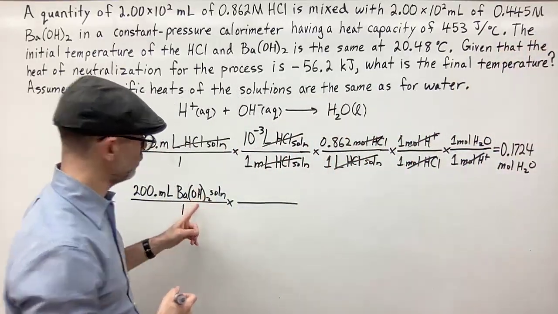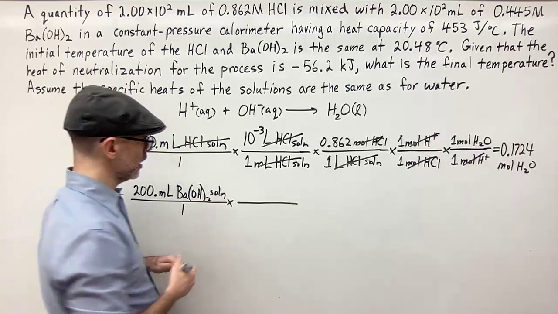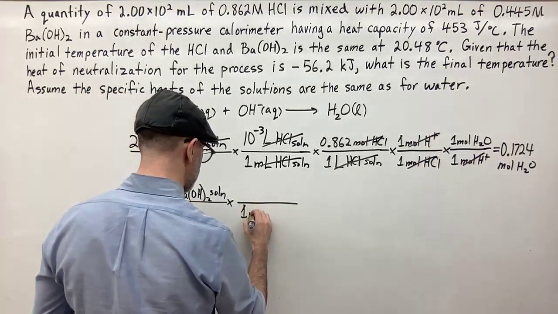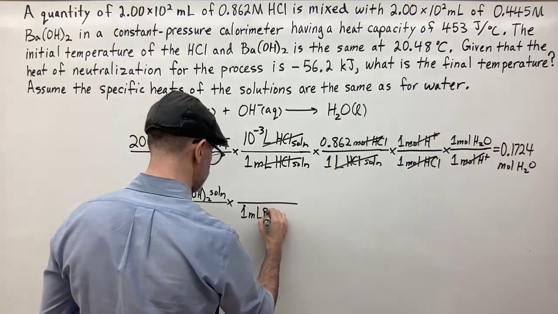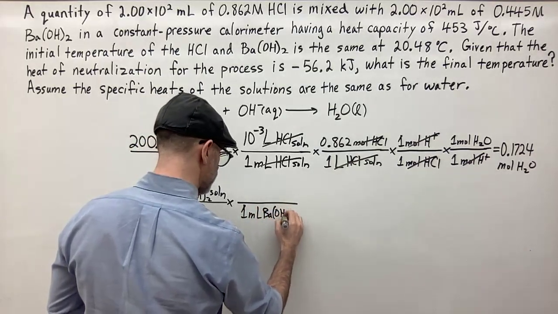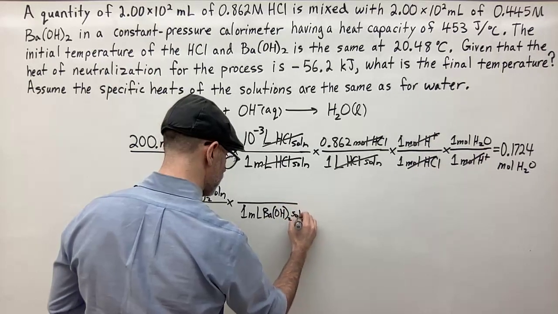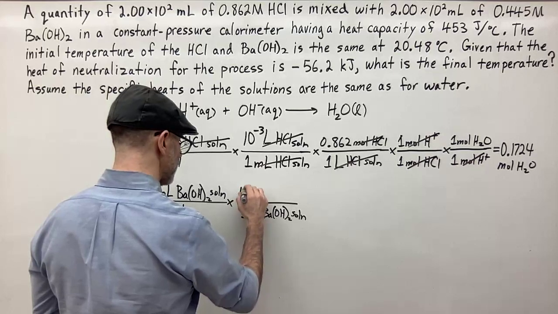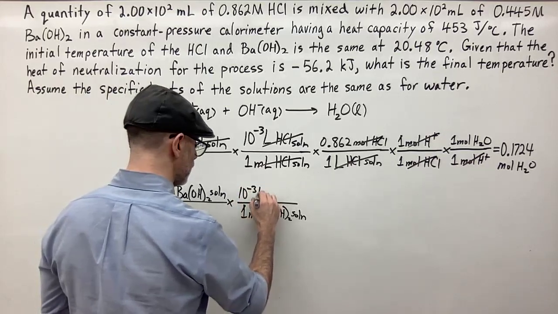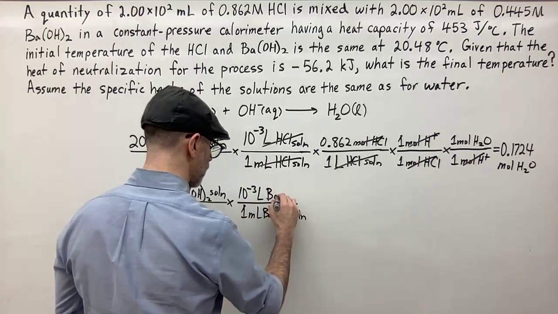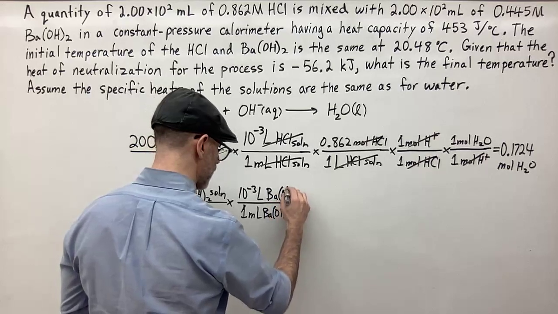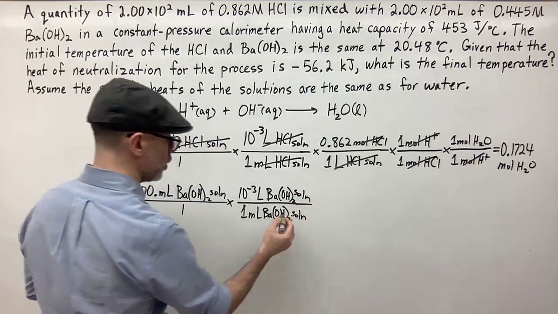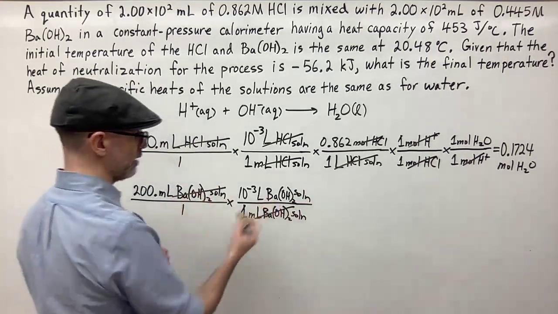I need to convert this to liters in order to use the molarity as a conversion factor. So again, 1 milliliter of Ba(OH)2 solution on the bottom, and that's going to be 10 to the negative 3 liters of the barium hydroxide solution. So milliliters cancel out. Now I have liters.